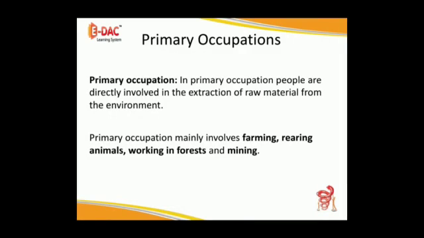Primary occupations. In primary occupation, people are directly involved in the extraction of raw materials from the environment. Primary occupation mainly involves farming, rearing animals, working in forests, and mining.